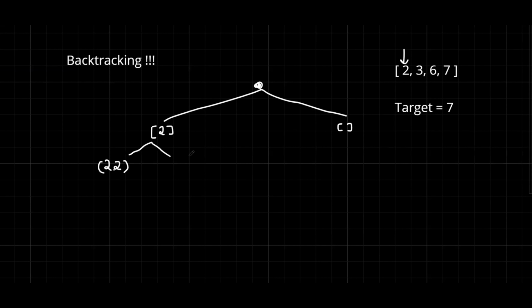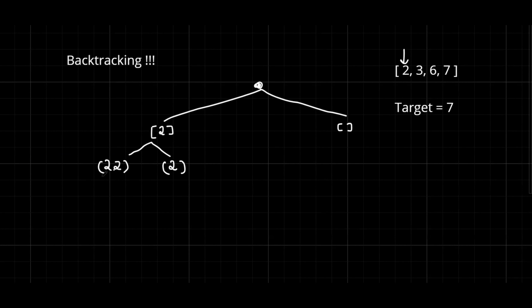In this path, we cannot include any 2s, because this is the main mechanism of eliminating the duplicates. Because in this path, we have included two 2s, it doesn't make any sense to include two 2s in this path also. So in this path, we can completely ignore the second 2 and our temporary vector will remain the same.